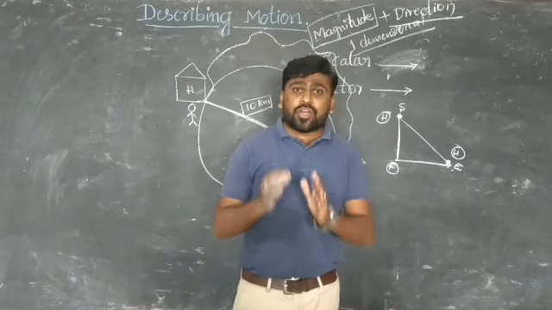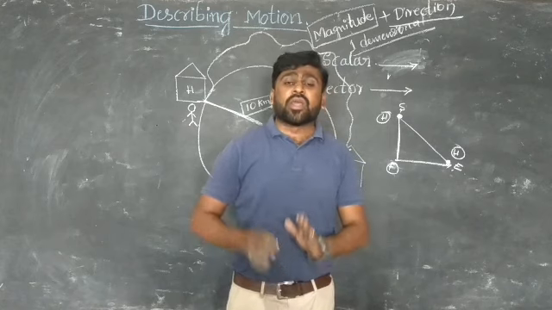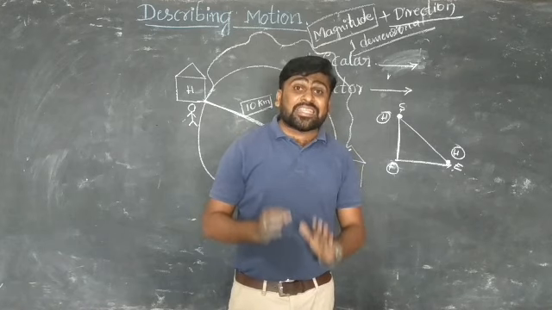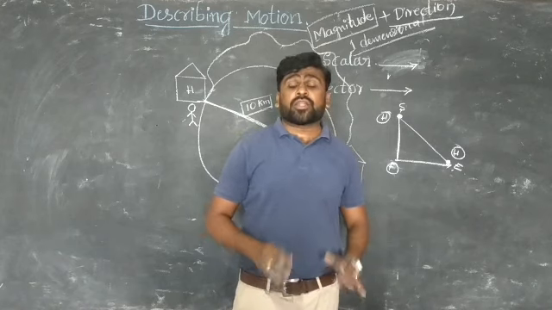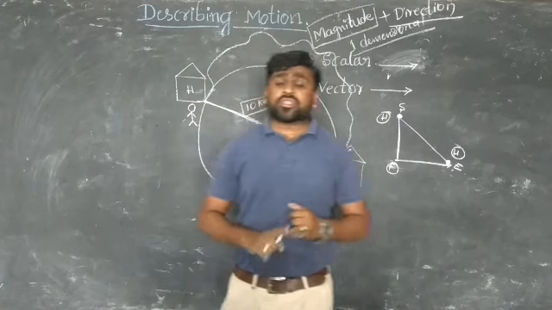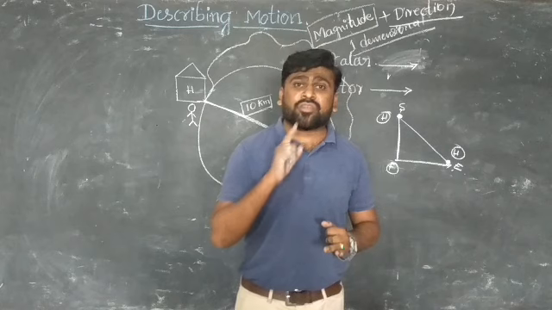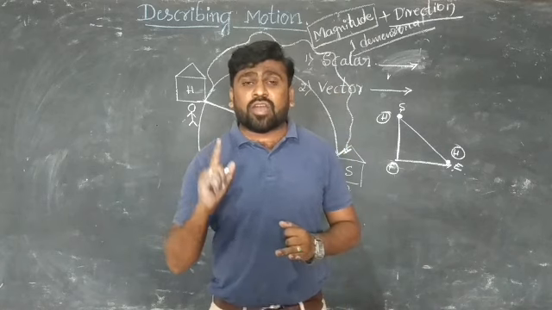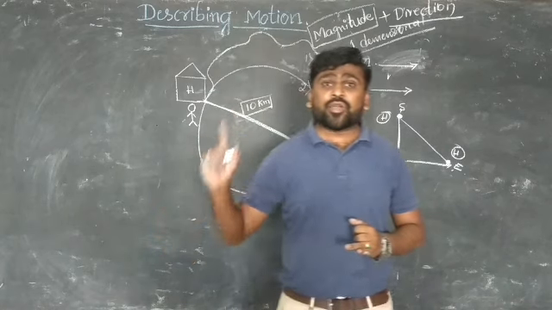Understood? This is the first basic concept regarding describing motion. That is scalar quantity. Another one is vector quantity. Scalar quantity is nothing but a physical quantity which refers to magnitude only.